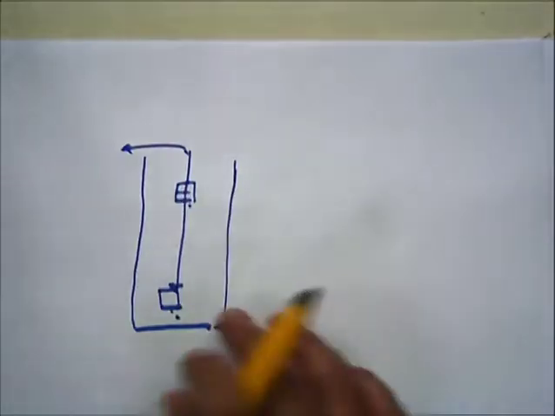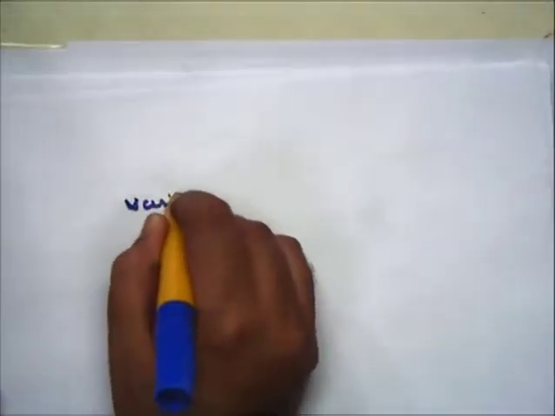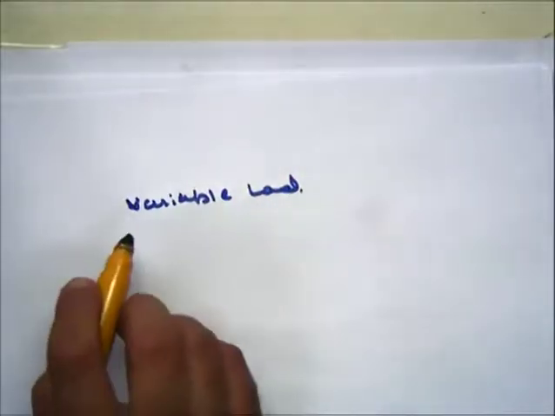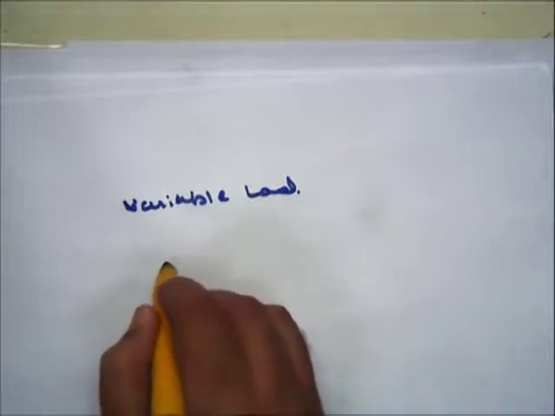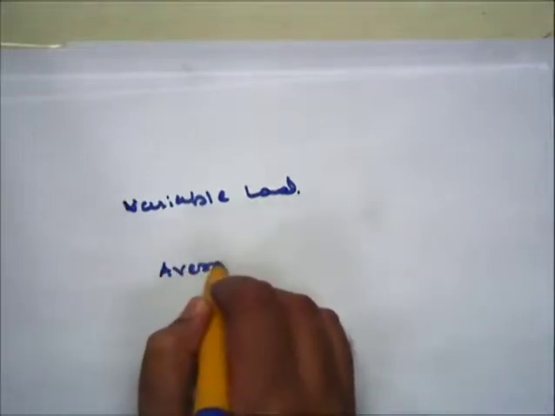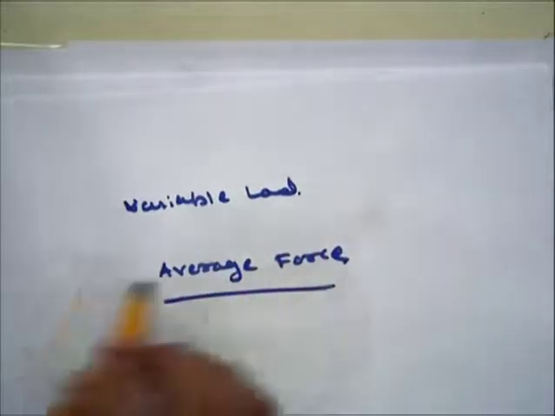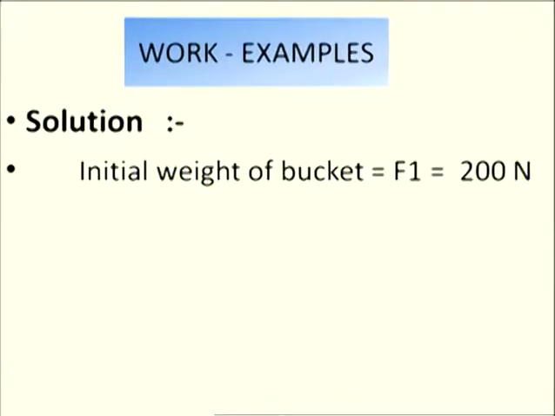So it is the case of variable load. So first of all we have to find out the average force. So how can we find it out? Let us see. Initial weight of the bucket F1 is 200 Newton.